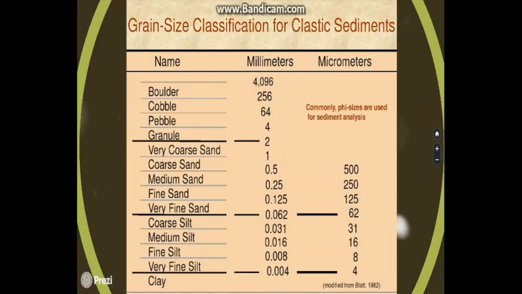And the next group ranges from 0.062 to 2. Here are the groups of sands: very fine, fine, medium, coarse and very coarse. The next group is granule, pebble, cobble and boulder. It ranges from 2 to 4,096.